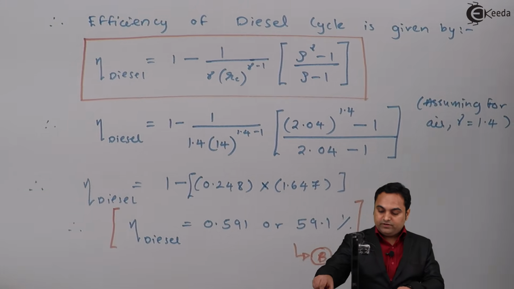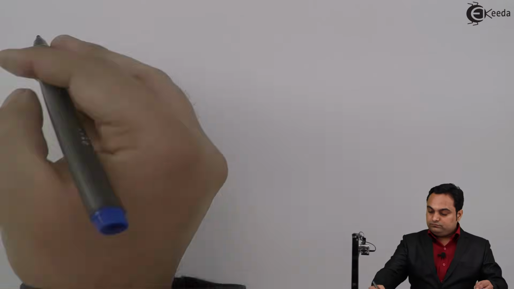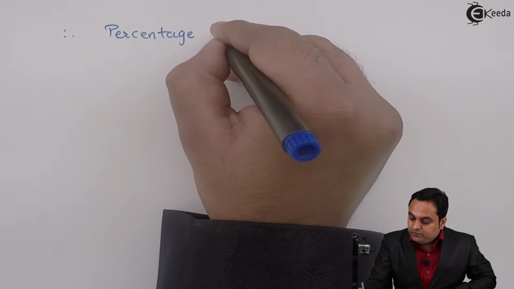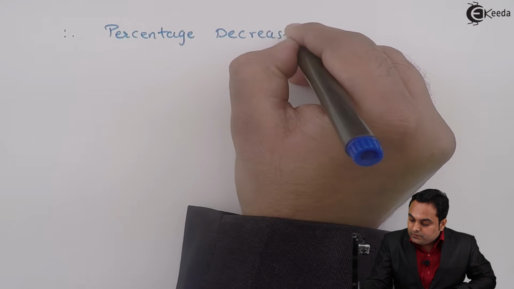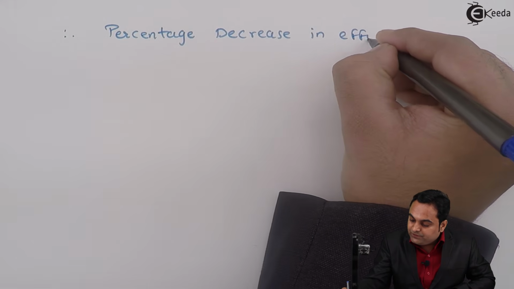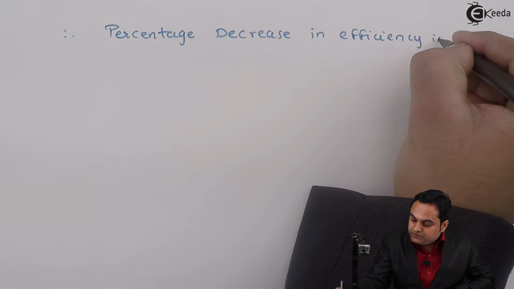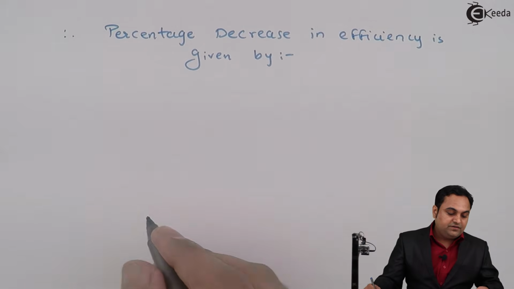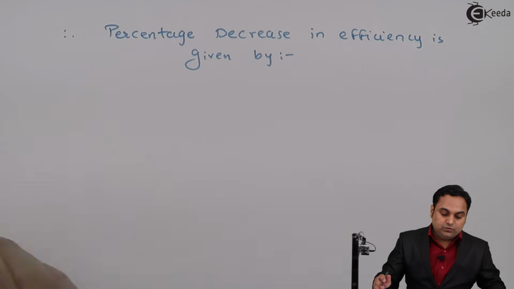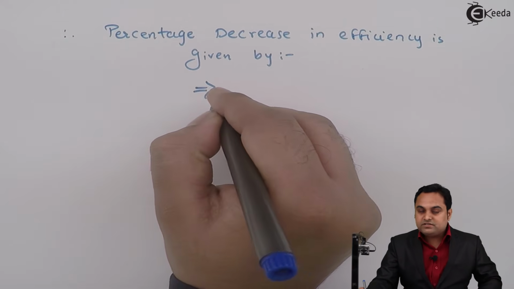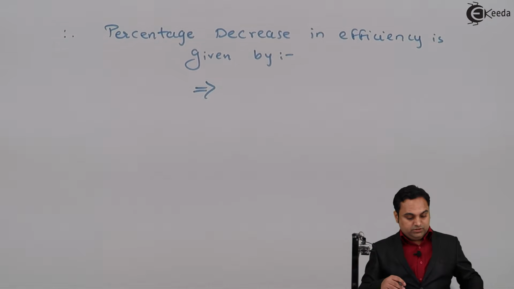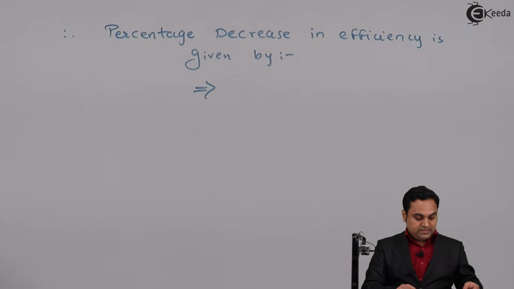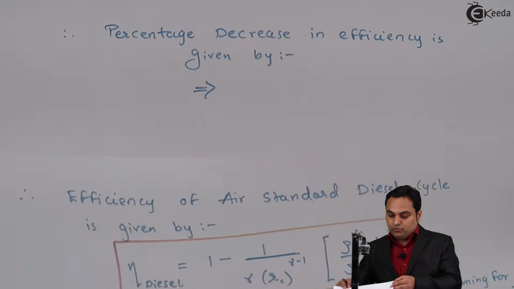So I'll write down, therefore percentage decrease in efficiency is given by, that percentage decrease in efficiency will be equal to, during case number second the efficiency was less, and in case 1 the efficiency was more.